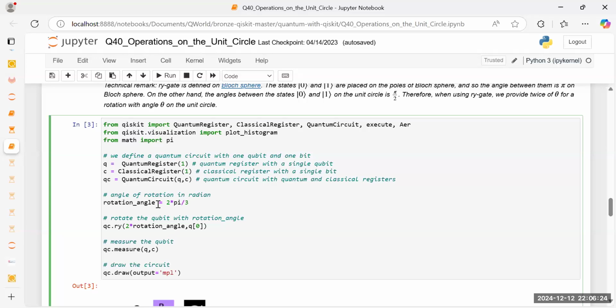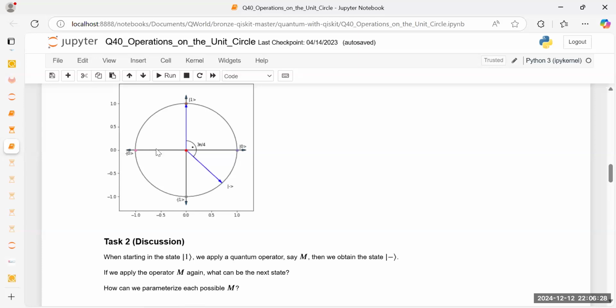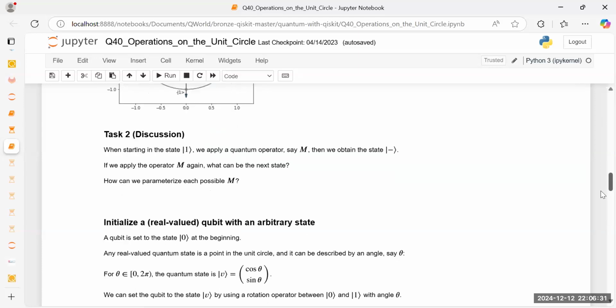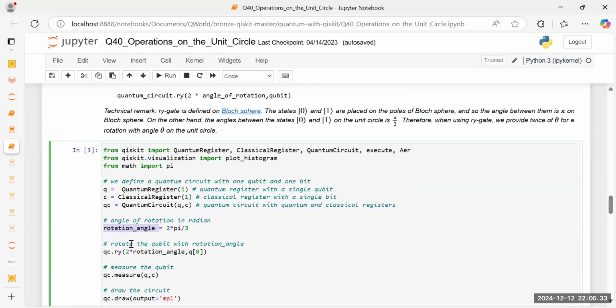The rotation angle that we're specifying here is the rotation angle on the unit circle, and we're multiplying by 2 because we want to get an angle on the Bloch sphere.